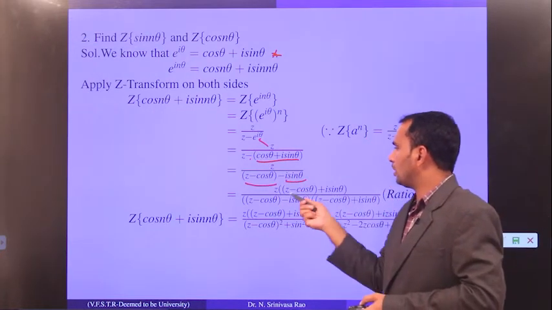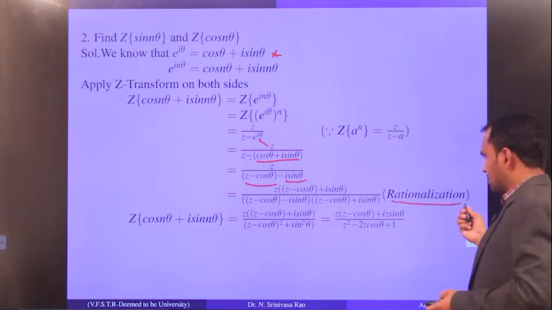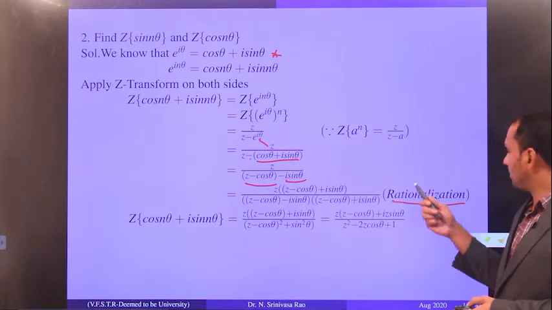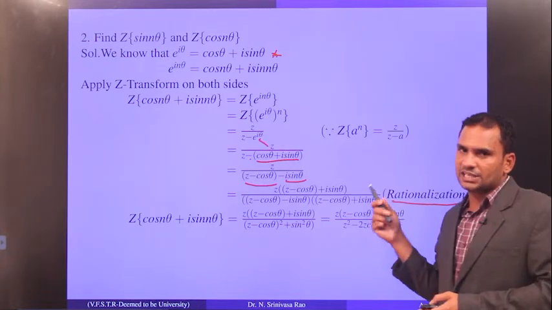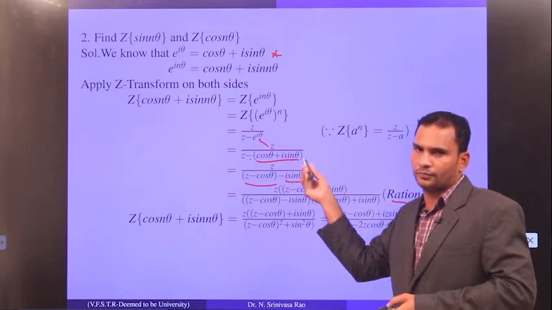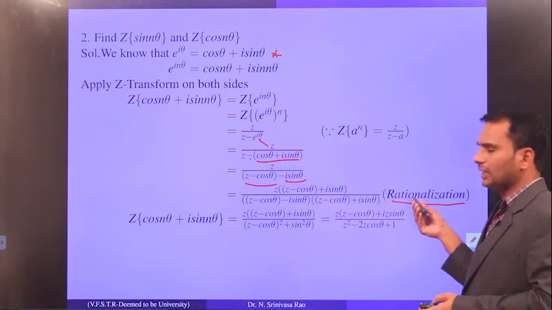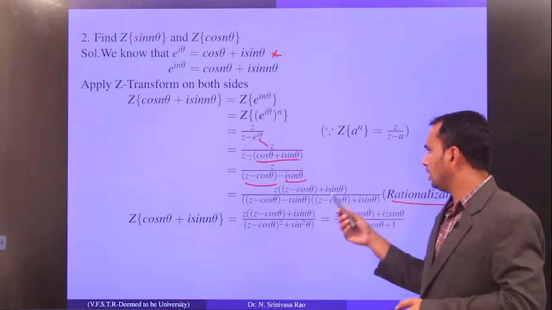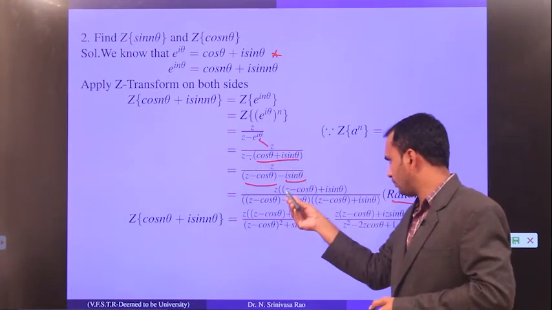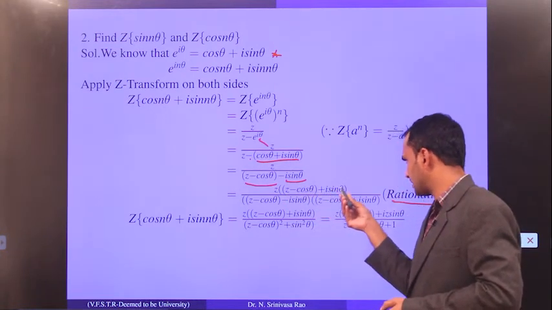Now there is an important concept called rationalization. Everybody familiar with this term? Suppose you want to simplify these types of terms, you use a simple concept called rationalization. So I have multiplied and divided by Z minus cos theta plus i sin theta.